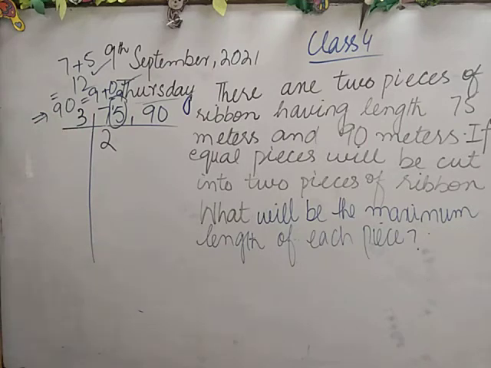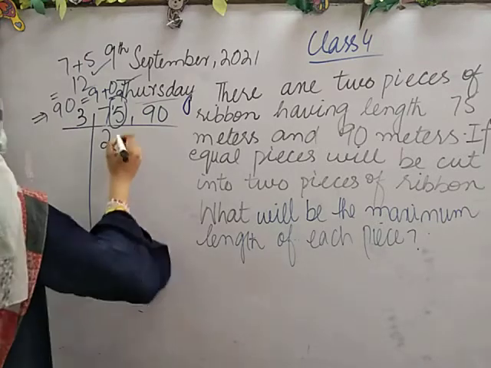Now class, we will read the table of 3 again to make the nearest number to 15. So who will tell me by how many times I will read the table of 3 to get the nearest number which is 15? Hanji. Ahmad. Very good. 3 5's are 15.